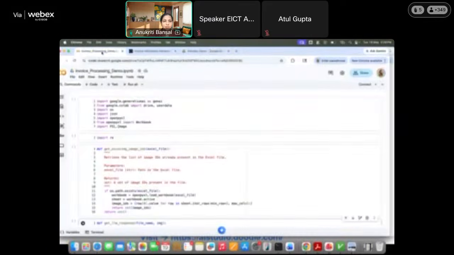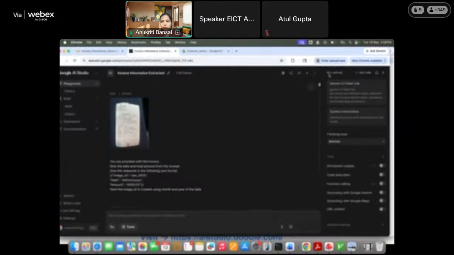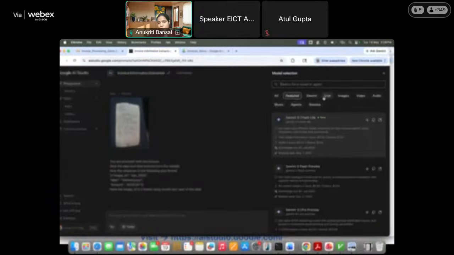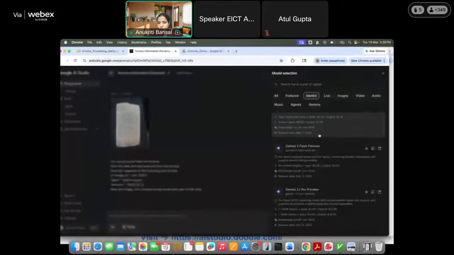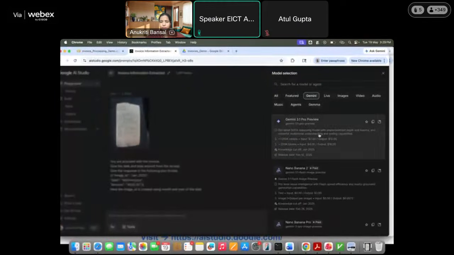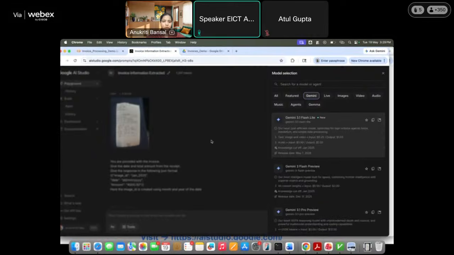If my screen is visible, just let me know. So here you can get so many models. These are my Gemini models. The screen is visible, but it's not looking proper, it's slightly blurred. Can you reshare it?